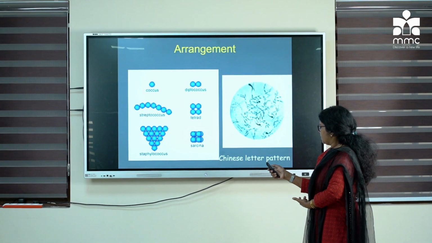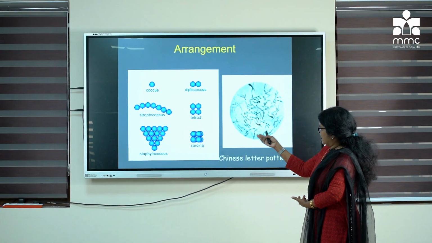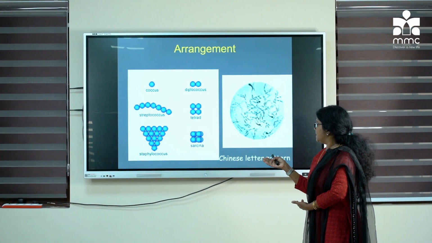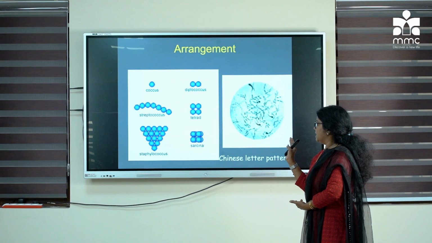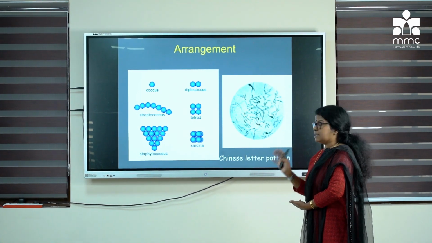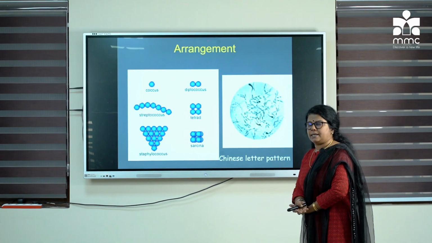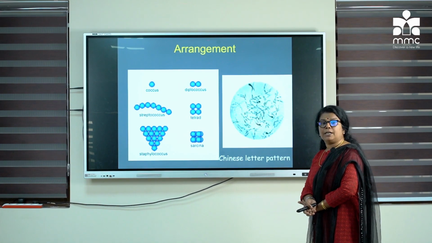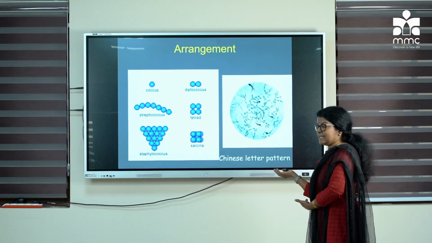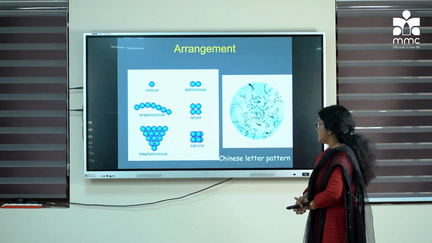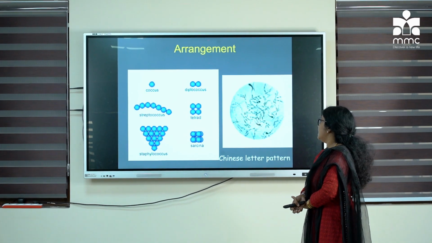See, these are bacteria seen in singles, then Diplococcus in pairs, Streptococcus in chains, and tetrads, where 4 bacteria are arranged together. Then a cluster, a bunch of bacteria just like a bunch of grapes, is seen in Staphylococcus. Sarcina means a group of 8. All these are the different types of bacterial arrangements.